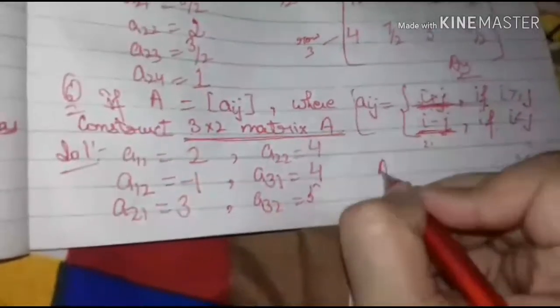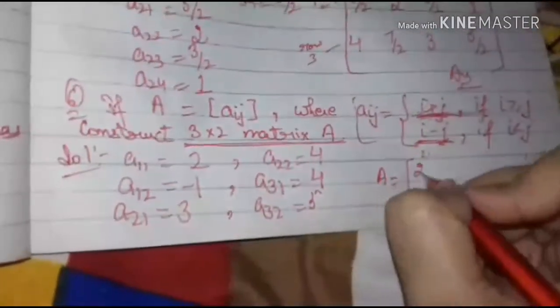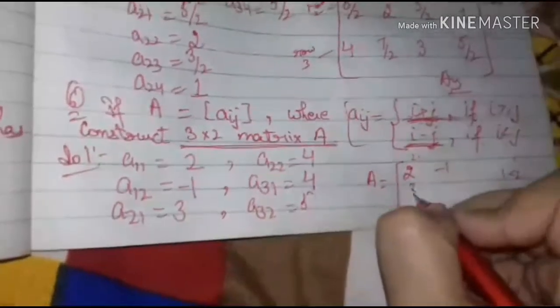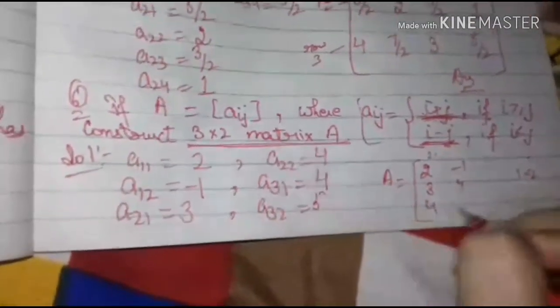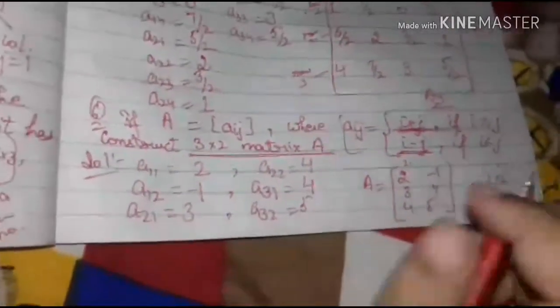Now let us name the matrix A, and we have the matrix 2, minus 1, 3, 4, 4, 5. This is the solution of our equation.